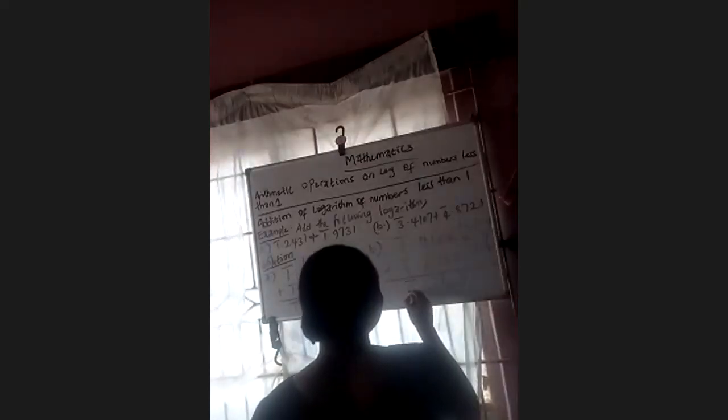I don't have any money, it's just that I'm owing 2 naira. So that's what this is. So this is bar 6. So that's our answer. So that is that for addition of logarithm of numbers less than 1.